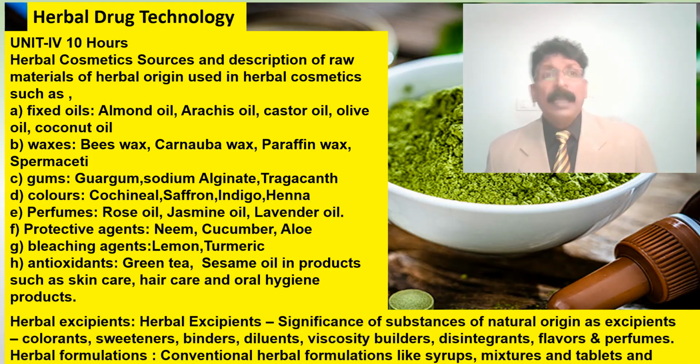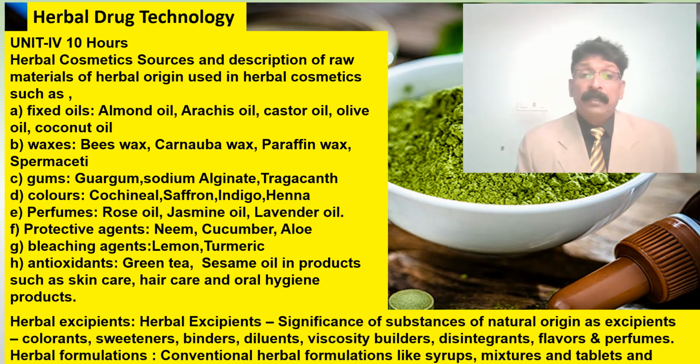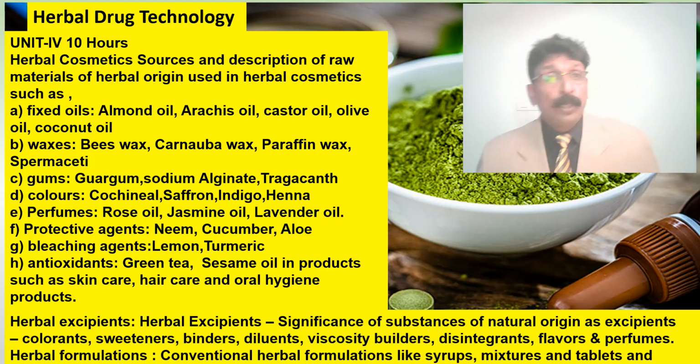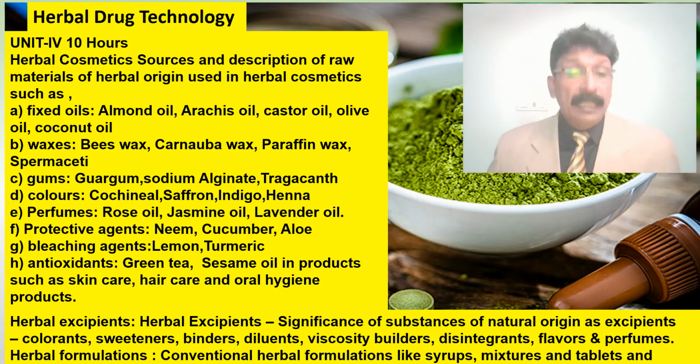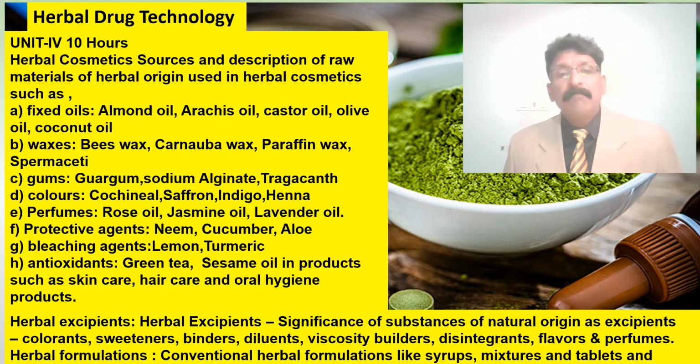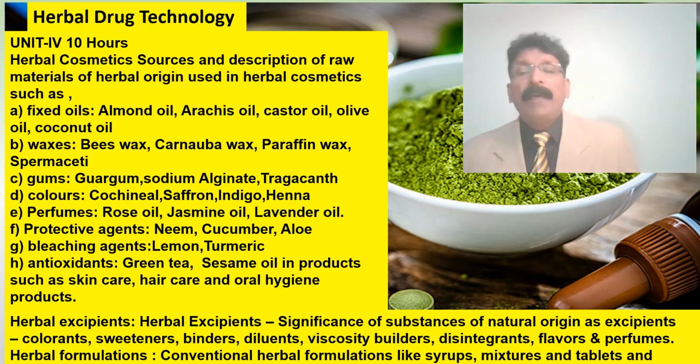Herbal excipients is also a second chapter. In this topic they told us to teach the students the objective and significance of substances of natural origin as excipients: colorants, sweeteners, binders, diluents, viscosity binders, disintegrants, flavors and perfumes.